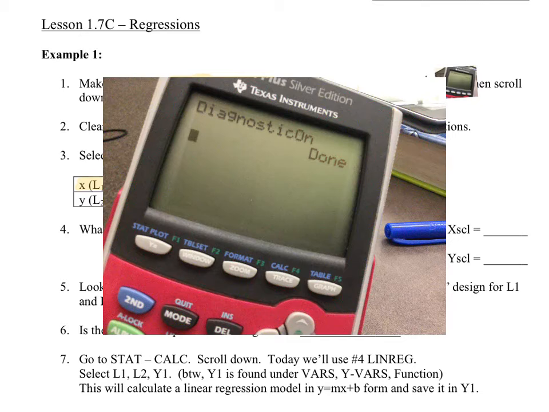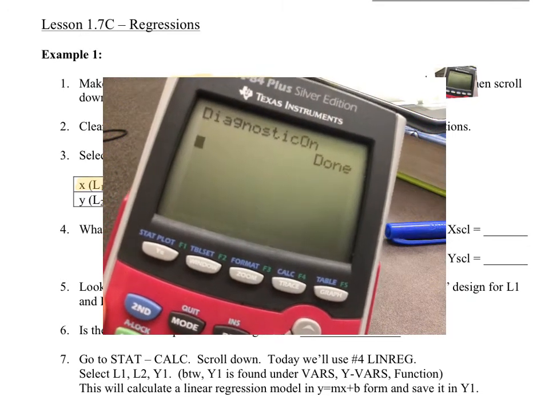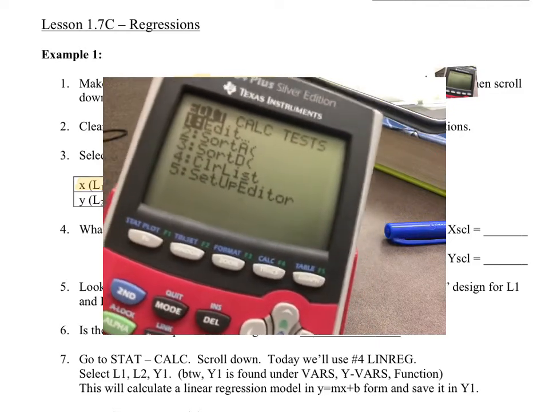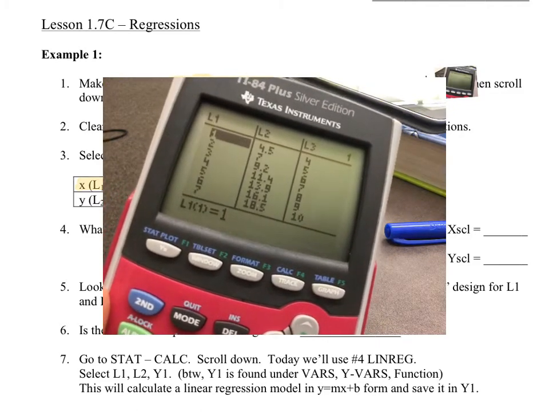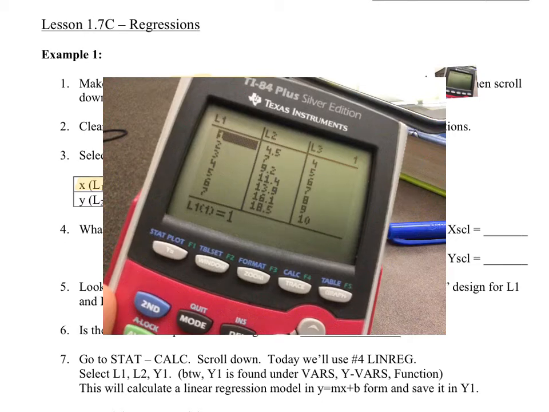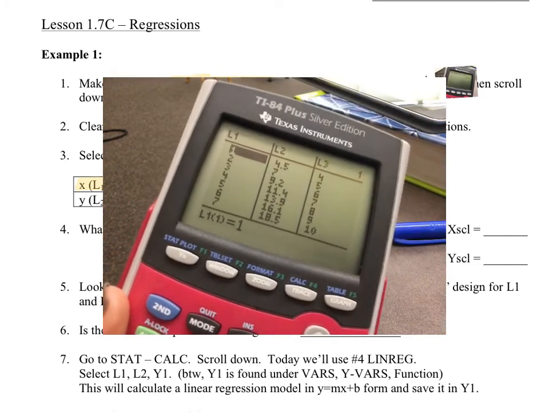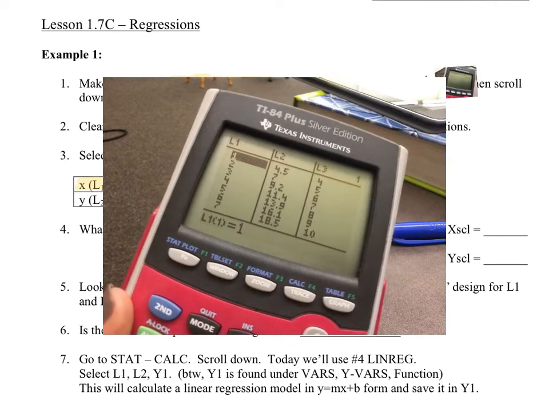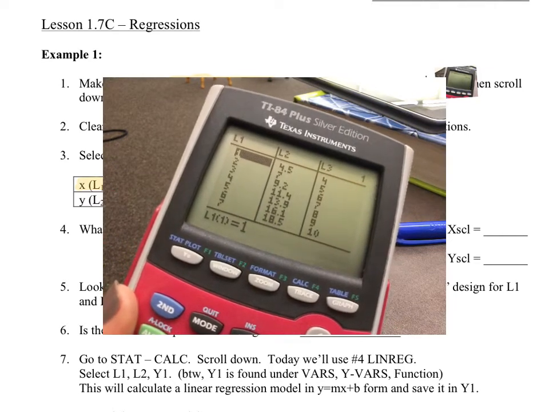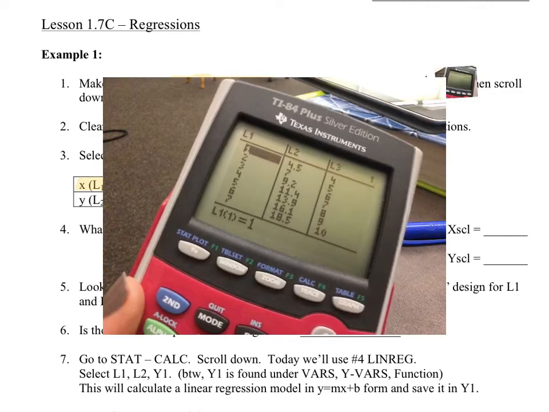So we can work on that together. Okay, stat, edit. I still have those values put in from the day before, so my list 1 through 8, and my L2, the 4.5 value through the end. And if you have to pause the recording to get everybody caught up, go ahead and do that.